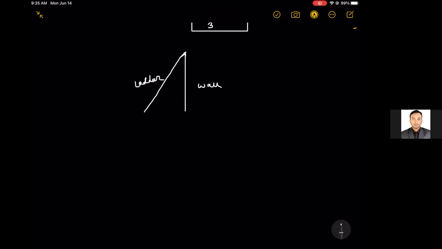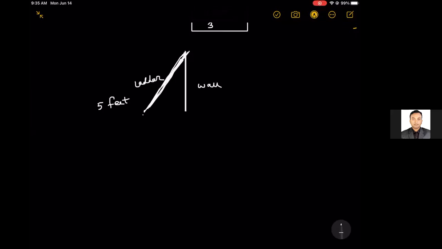Let's say it's a 5 feet ladder, and this is leaning vertically, or rather I would say this is leaning like this on this wall. It's leaning.